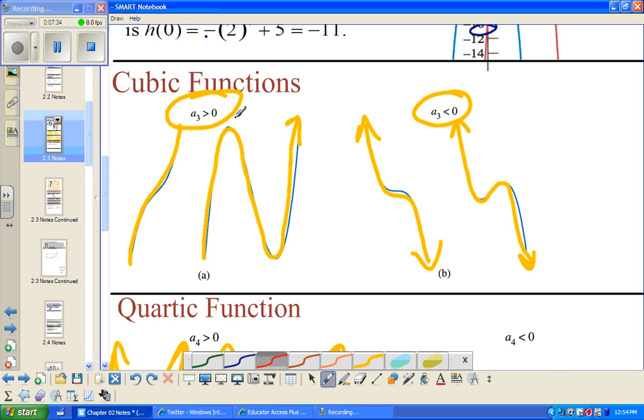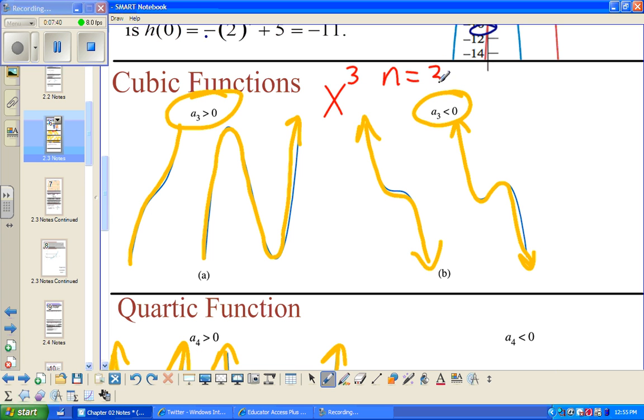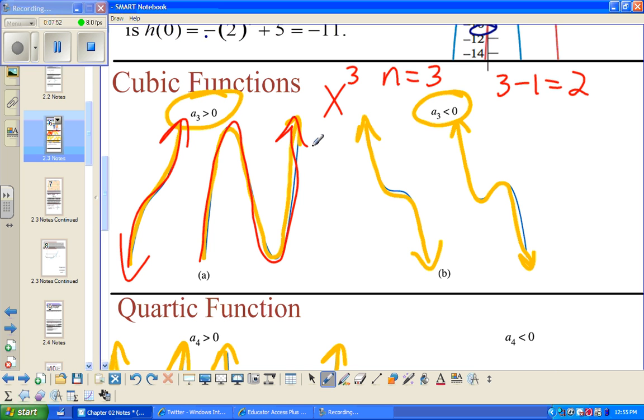The basic cubic function, x cubed, where n equals 3, could have at most n minus 1 extrema, so 2 extrema. Well, in this case, there's no extrema. In this case, there's 1, 2.